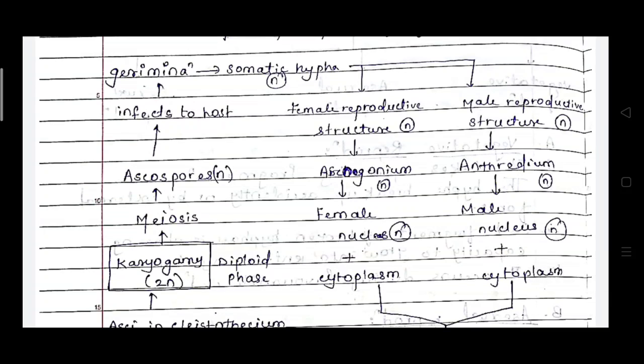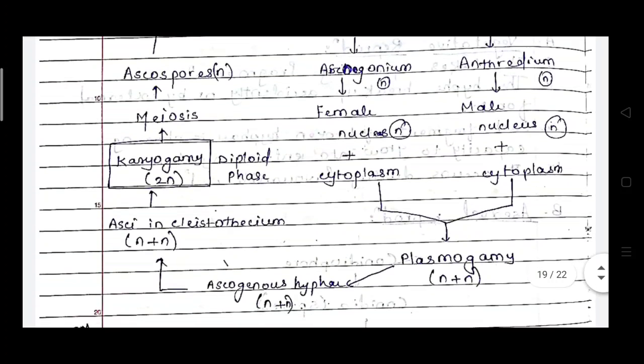These ascospores are again haploid in number, and when they infect the host plant, germination of the Aspergillus takes place. So this is the whole life cycle of Aspergillus. First the mycelium is haploid, and on that male and female reproductive organs are produced.